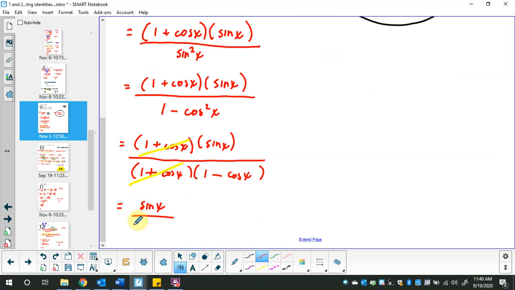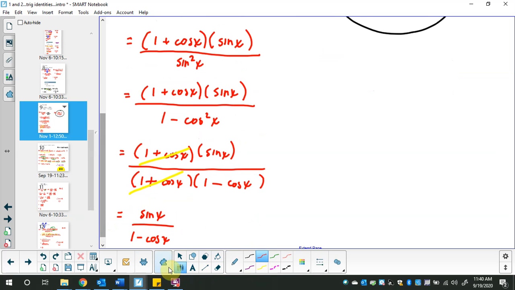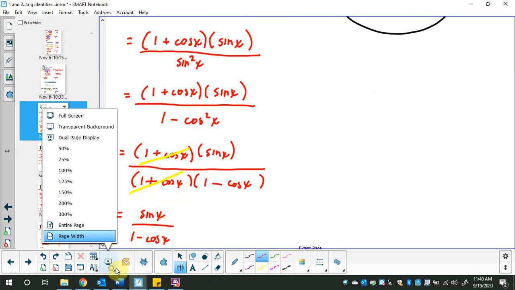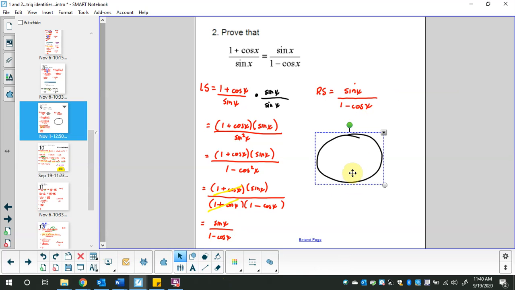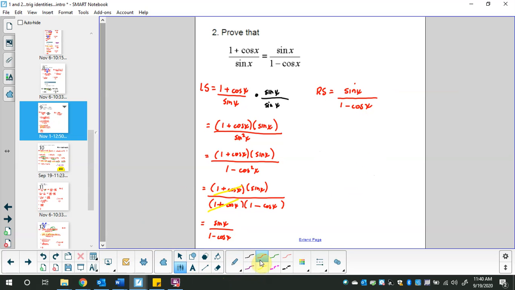Instead, I have just 1 minus cos x, and if I uncover that bubble, they are exactly the same pieces of information. So I have achieved what I want to achieve with the worst strategy of the bunch, and that is forcing things to work out because you want it to be.